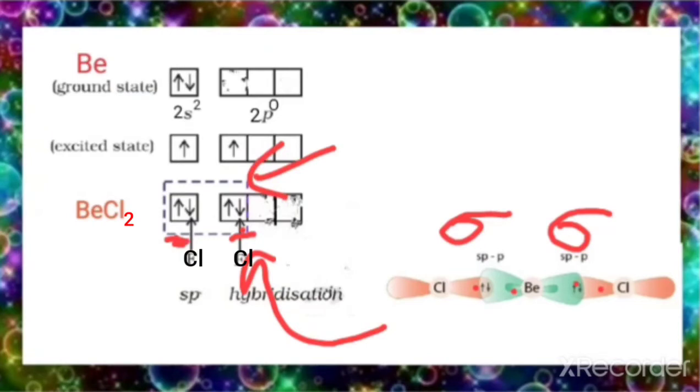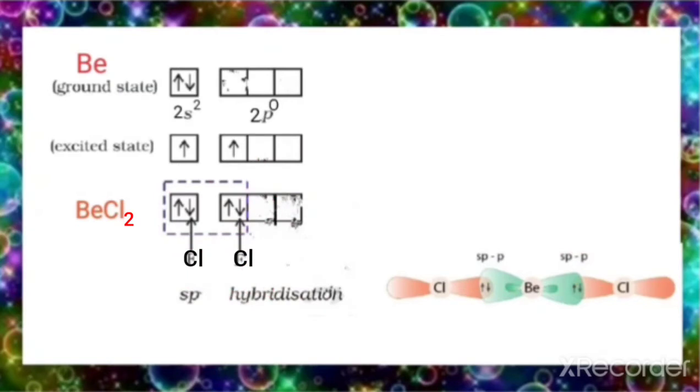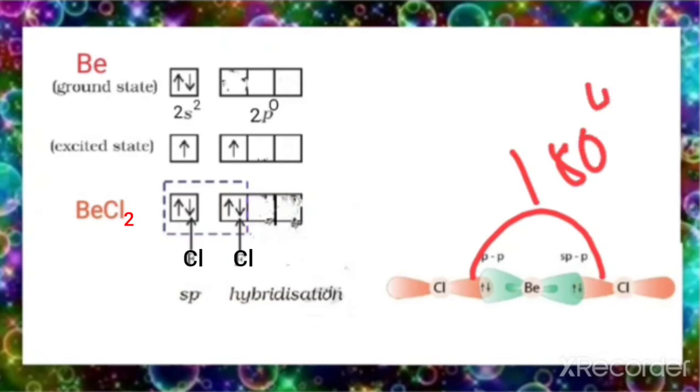Each sp hybrid orbital overlaps with a chlorine atom. This makes the geometry of this molecule linear, because of the 180-degree angle.